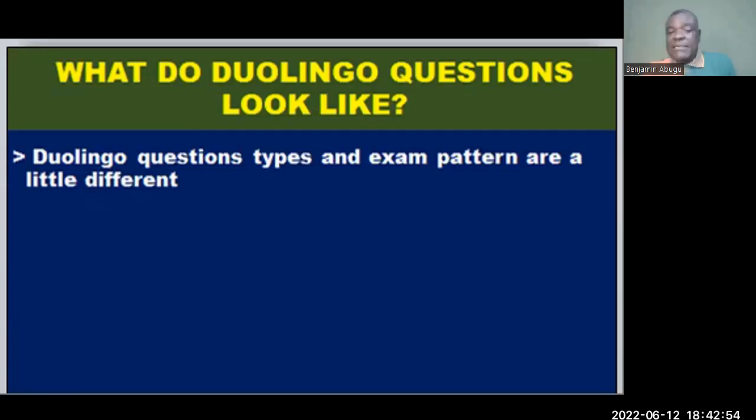So you might find each question testing two skills at a time, for example, listening and writing. After the adaptive test, you will have a 10-minute interview section where you can speak for up to 3 minutes about a topic. And you might be allowed to choose between 2 prompts, okay?